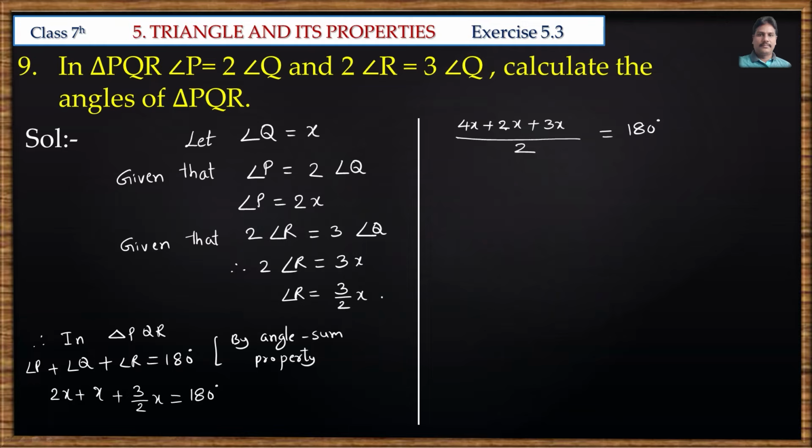So 4x plus 2x plus 3x becomes 4 plus 2 is 6, 6 plus 3 is 9. 9x by 2 is equal to 180 degrees.